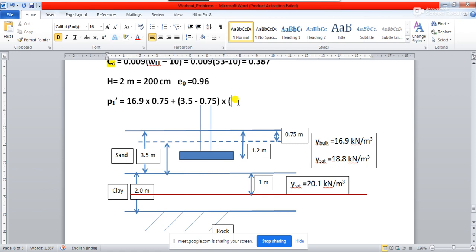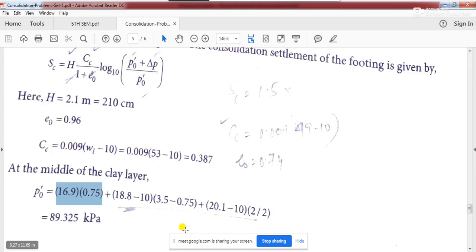See, 18.8 is basically the saturated unit weight of soil. But you see, the water table already has risen up to this level. So this portion of the soil will be under submerged condition, and I think that is being taken over here also. You see, 18.8, that is the saturated unit weight of soil minus gamma W they have done.